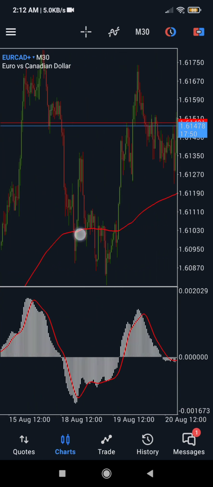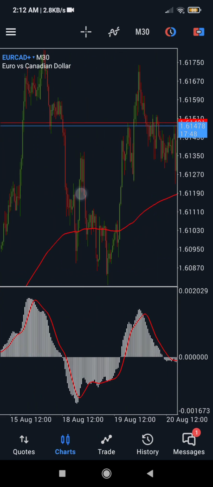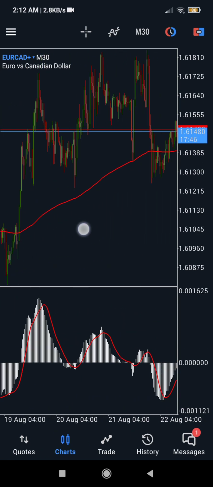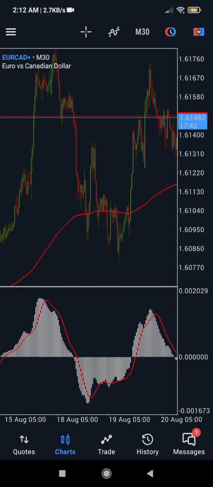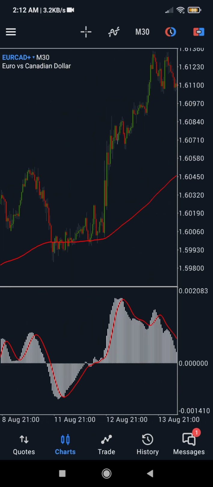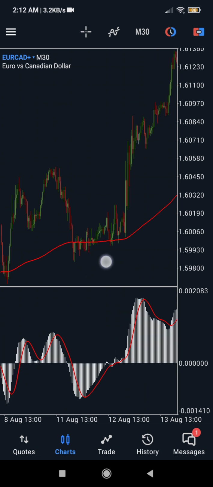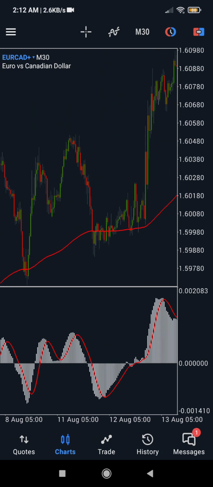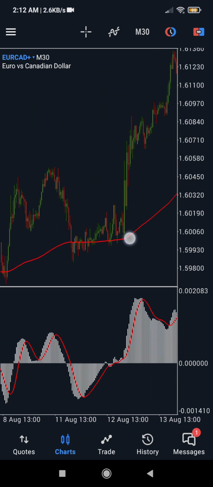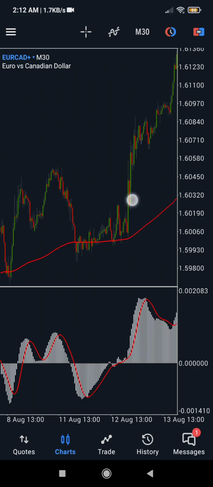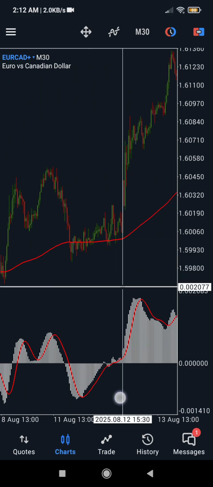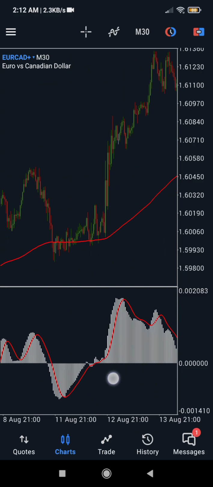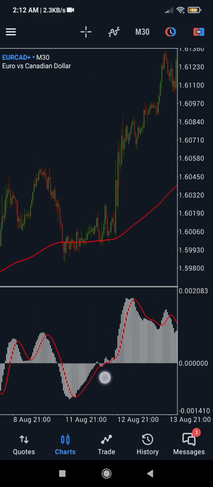For this one, if you take your entry here, you will still win the trade because price continued upwards. Now we come over here, we can see that price tapped into the MACD and there is a push with a long candle. There is no histogram below here for us, so there's no crossover.